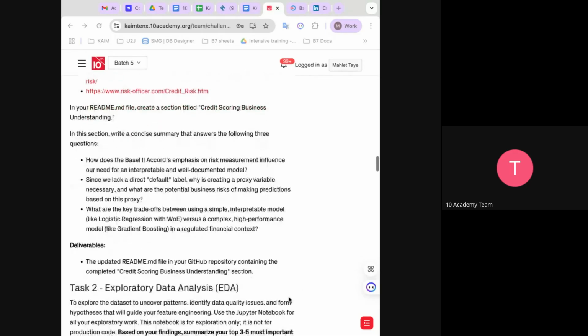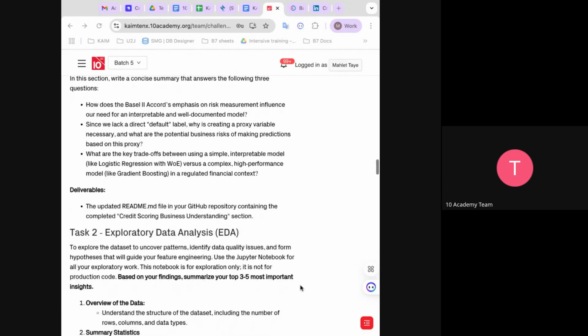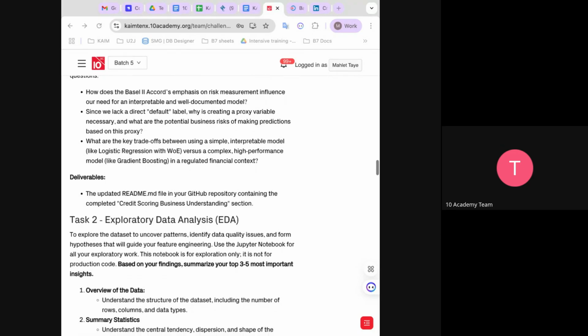When you come to task two, where you do the exploratory analysis, you are expected to explore the data, understand the data, uncover patterns, identify any quality issues, and form hypotheses that will guide you for the feature engineering. For this purpose, you can use notebooks, and you have to point out at least two or three top important insights that you get.